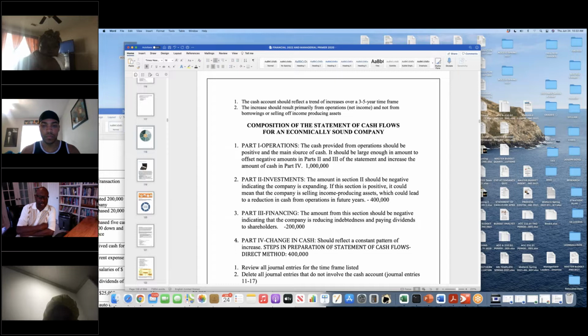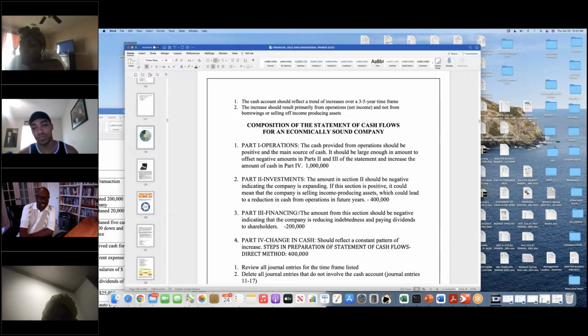A company is supposed to generate cash from operations. Macy's is supposed to generate cash by selling clothes. Macy's is not supposed to be generating cash by selling its stores to other people or selling vacant land. That's not what they do, and that's not continuing. And Macy's should be paying off indebtedness rather than borrowing more money.